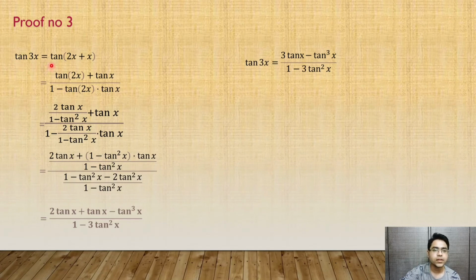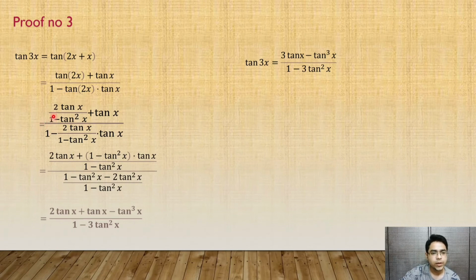Now moving further on the next slide, proof number 3 of tan 3x. Here again tan of 3x will be split as tan of 2x plus x. That will be equal to tan of 2x plus tan x divided by 1 minus tan 2x into tan x. Here we are substituting the value of tan 2x. Here you can see that 2 tan x divided by 1 minus tan square x.